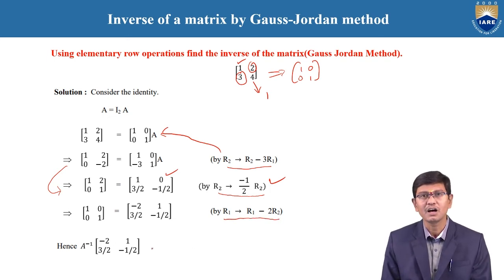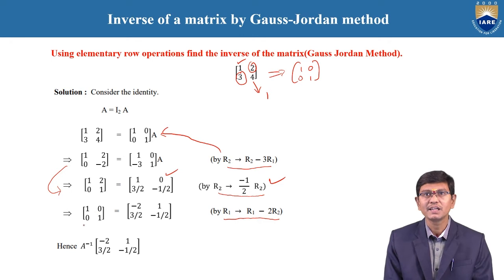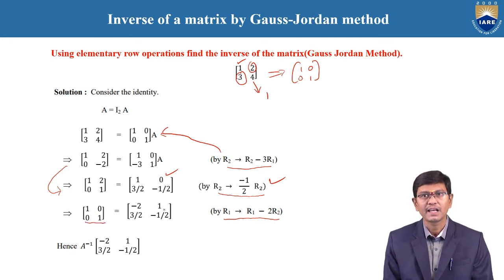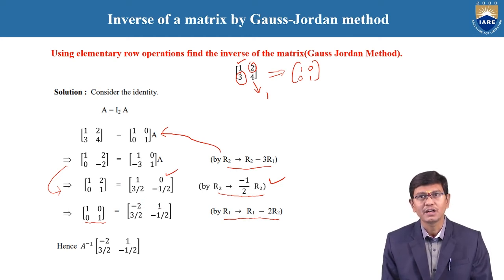By using this row operation, the LHS matrix is clearly reduced to 1 0, 0 1. The right side matrix is also reduced to minus 2 1, 3 by 2 minus 1 by 2, into A.